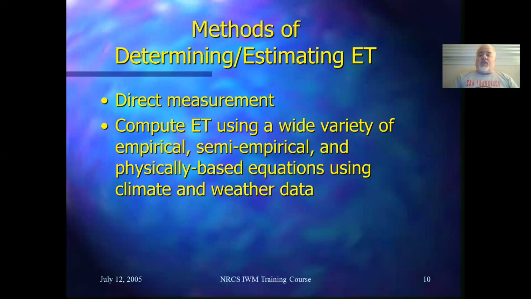So instead of doing that, agricultural professionals use a computer, and they compute evapotranspiration using data that's collected from the weather, which is what we call empirical data or numerical data, and some that's semi-empirical, like you could maybe say the percent ground cover of a crop. It might be something that goes into your equation, and you might just be estimating it.